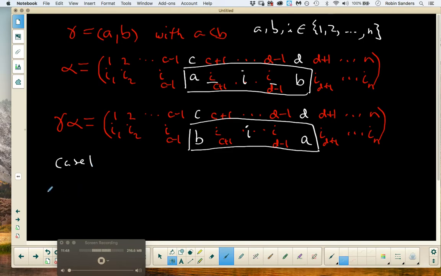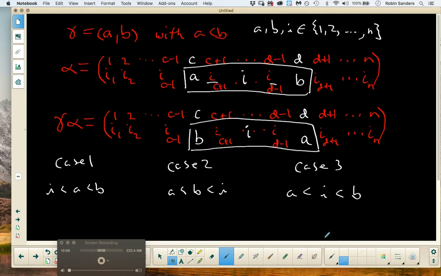Case 1 is I is less than A and A is less than B. Or as a case 2, we could have A being the smallest one and B being the middle one and I being the biggest. And then case 3 is going to be I winds up being between the two.